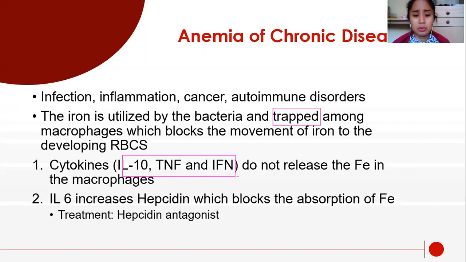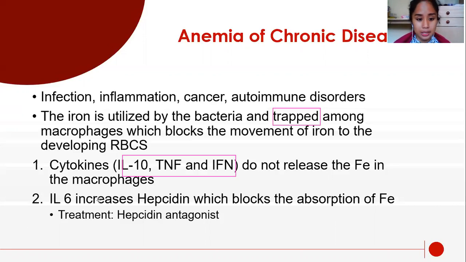IL-1, tumor necrosis factor, and interferon are high when there is inflammation. Their side effect is that they will not allow the release of iron, because iron is also a sustenance for bacteria.